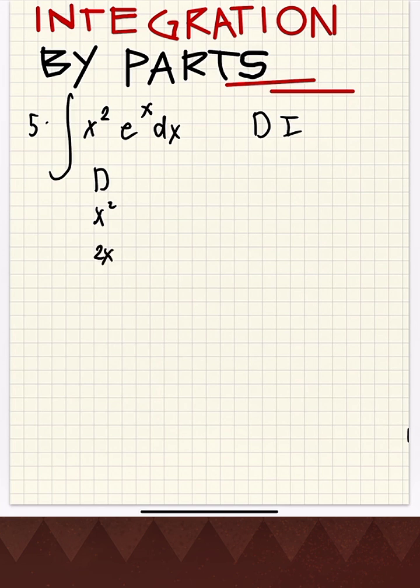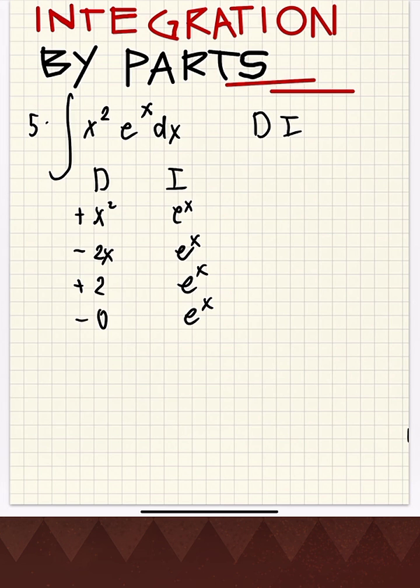Derivative of 2x is 2, and derivative of 2 is 0. Then our I will be e raised to x. The integral of e raised to x is e raised to x, e raised to x, and e raised to x again. D represents the derivative and I is for integral. So there's plus, minus, plus, minus.